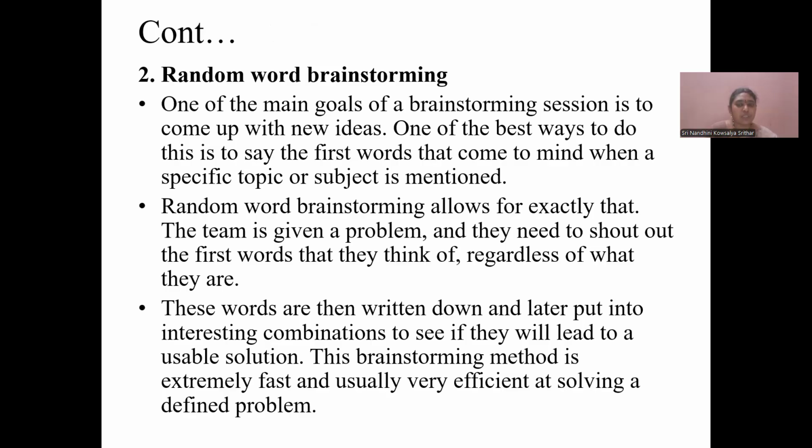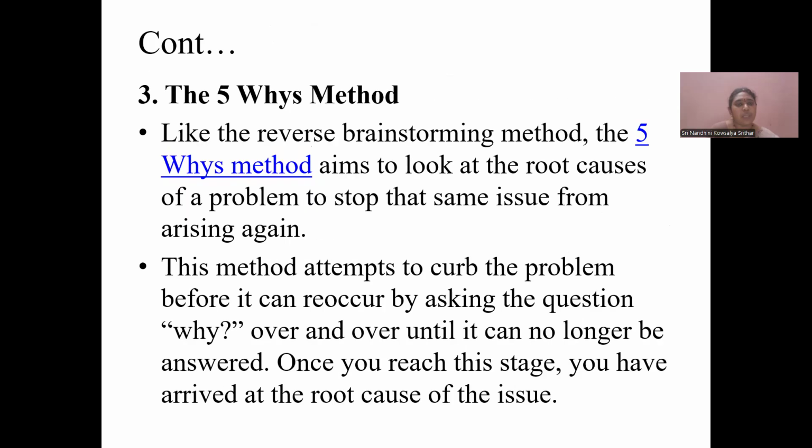The team is given a problem, and they need to shout out the first word that they think of, regardless of what it is. These words are often then written down and later put into different combinations to see if they will lead to a usable solution. This brainstorming method is extremely fast and usually very efficient at solving a defined problem.